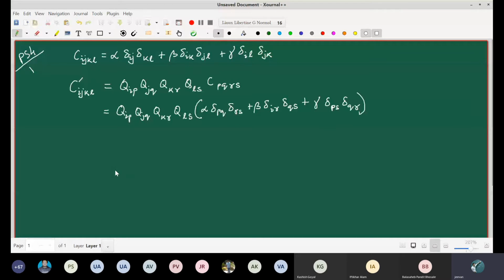Now all that we have to do is to deploy the substitution power of these Kronecker deltas on these terms. First of all, we note that there is a P here and a P here. It is the Q which is not common, so we write this as Q_iq.